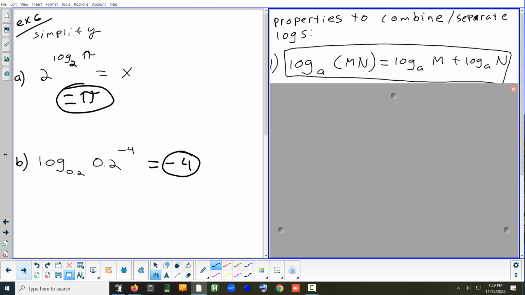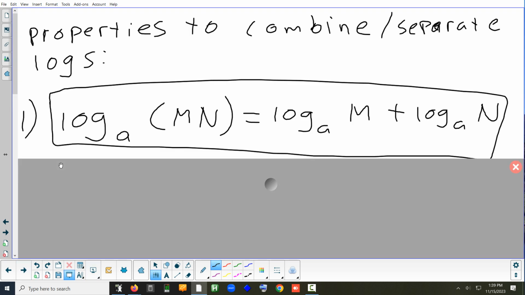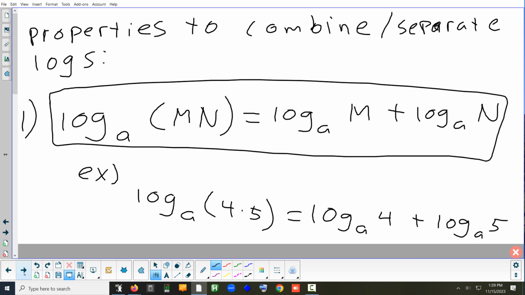So the last thing we look at in this section is properties that we can use to take a logarithm that's all together and split it into 2. Or you can think of it the other way: take a logarithm that's split into 2 and combine it back into 1. Here's the idea. If you have a product of 2 or 3 or 4, it doesn't matter. We'll usually do 2. If you have a product of 2 numbers, m times n, you can split that logarithm apart into 2 logarithms.